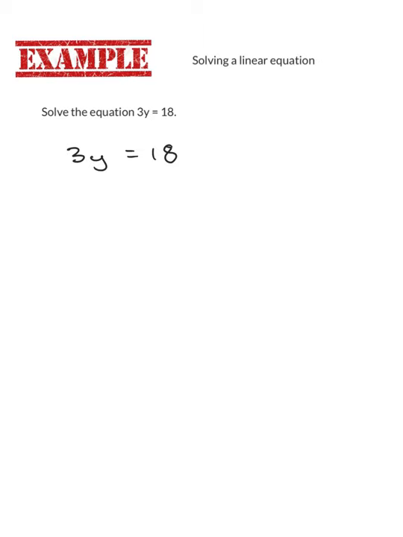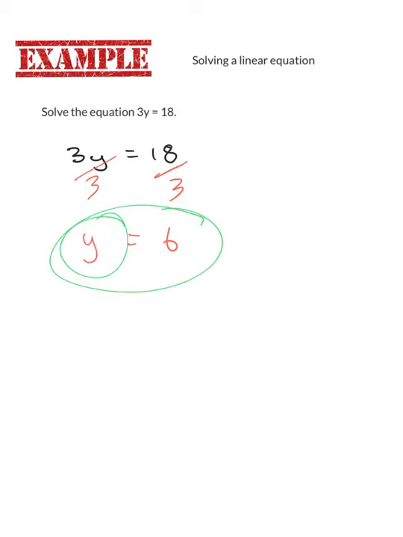Looking back at our table, the inverse of multiplying by 3 is divide by 3. So we divide both sides by 3. 3 divided by 3, we get 1y, but we can just leave that as y, is equal to 18 divided by 3 is 6. So we've solved the equation and found that y is equal to 6.